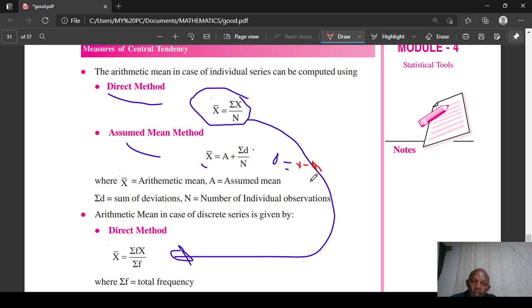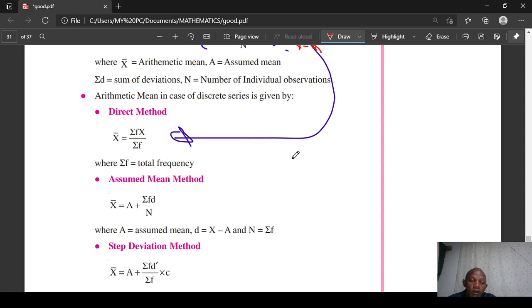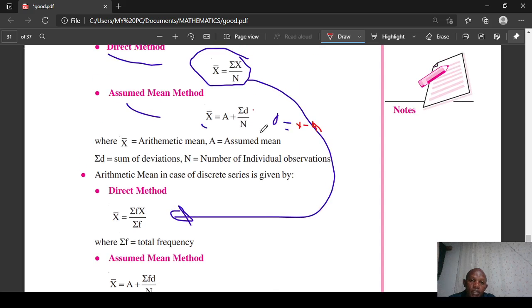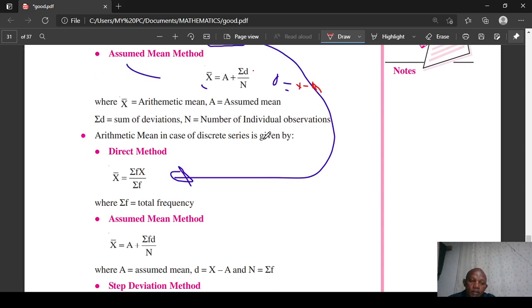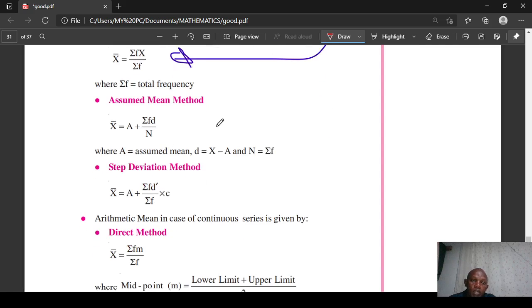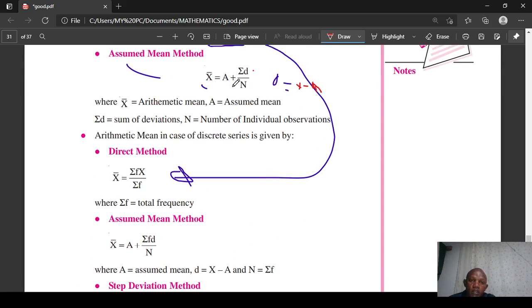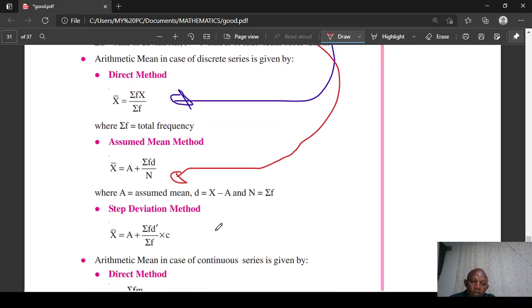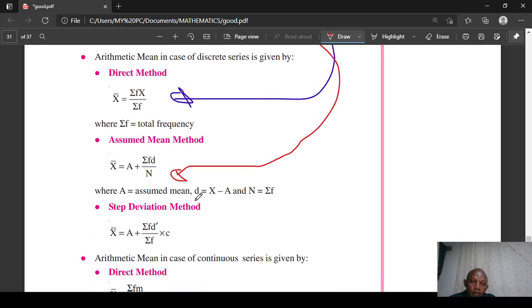Sorry for my handwriting. And we further said that if it is data that has frequency, again the formula, as you see, turns into this using the assumed mean method, so that it is f, and we have said that d is the same as x minus a.